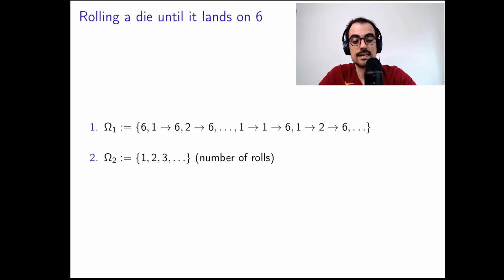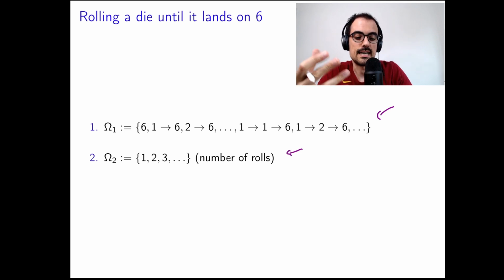Let's go back to our example where we roll a die until it lands on a 6. We already saw that we have these two possible options of a sample space depending on what we are interested in. Here we would model the different sequences that happen, 1, 3, 6, 1, 4, 5, 6, and so on. Here we would just be interested in the number of rolls. And notice that here, depending on the choice that we make, the events look slightly different.